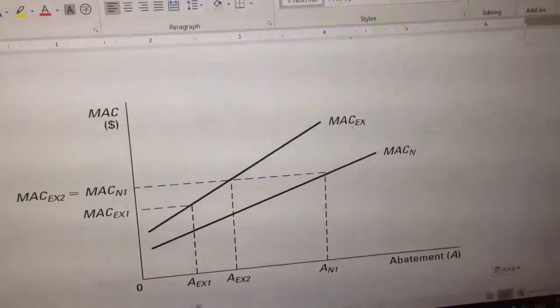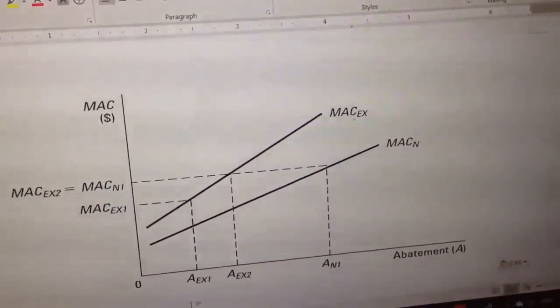And next, my teammate would like to show you the graph of this approach, and you can understand this benefit cost analysis more easily. Thank you. Yeah, I'm going to explain the model of the dual controls approach and the new source bias.